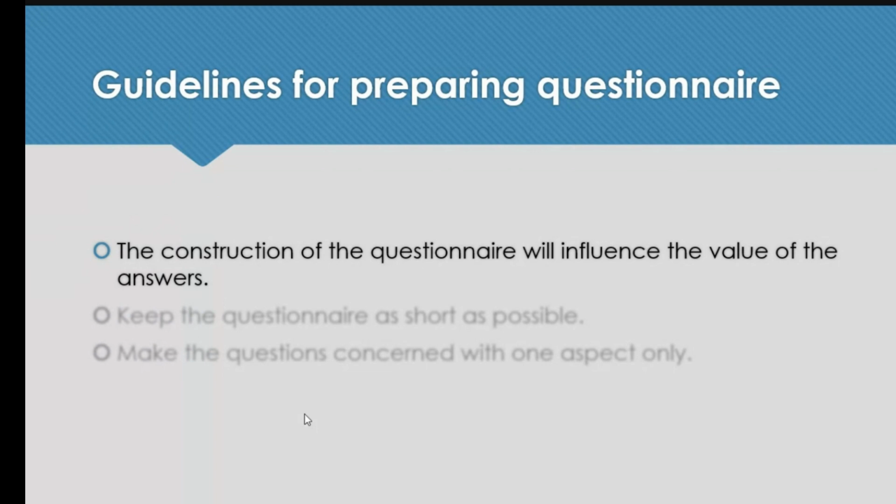If you prepare your questionnaire carefully and consciously, you will get the responses you expected and anticipated. To get the anticipated responses, you need to construct your questionnaire carefully. Keep the questionnaire as short as possible. Keep it simple and short, so that it's easy for the respondents to respond.